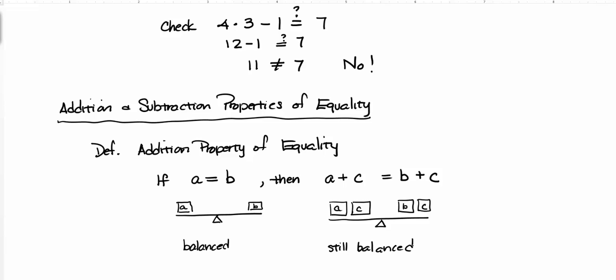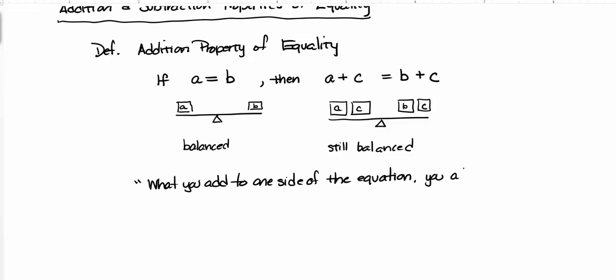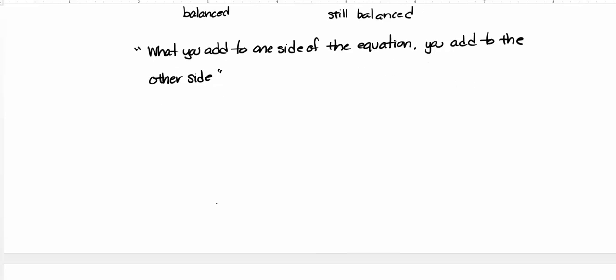So what you add to one side of the equation, you add to the other side. Whatever you do to one side, you must do to the other side. That way you don't change the balance.